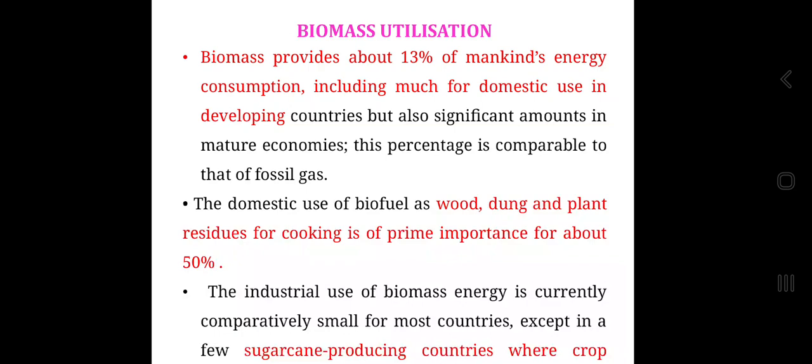The domestic use of biofuel as wood, cow dung, and plant residues for cooking is of primary importance for about 50%.